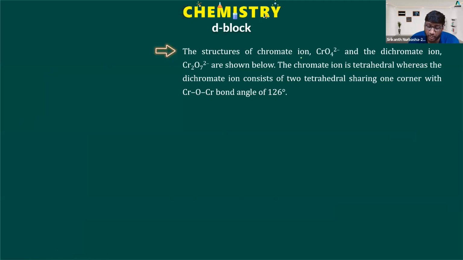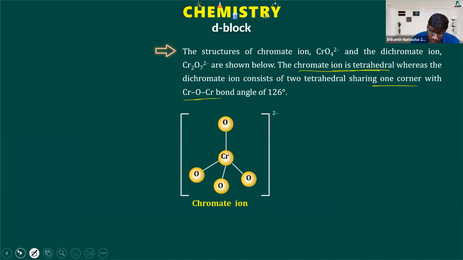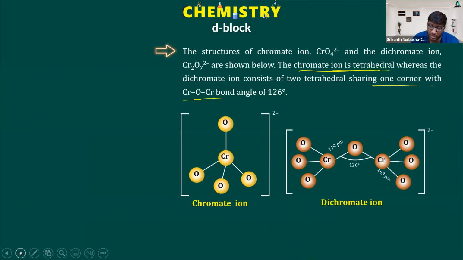The structures of chromate ion CrO4 2- and the dichromate ion Cr2O7 2- are shown below. The chromate ion is tetrahedral, whereas the dichromate ion consists of two tetrahedra sharing one corner with the chromium-oxygen-chromium bond angle of 126 degrees. So you have the structure of chromate like this and dichromate like this.